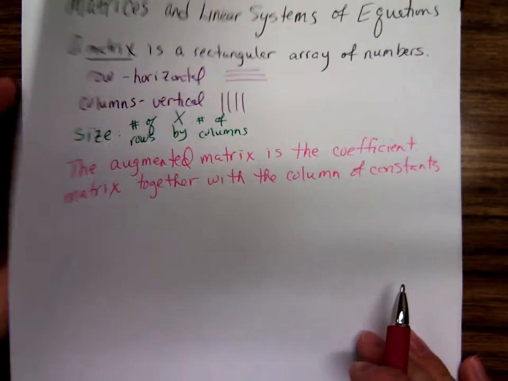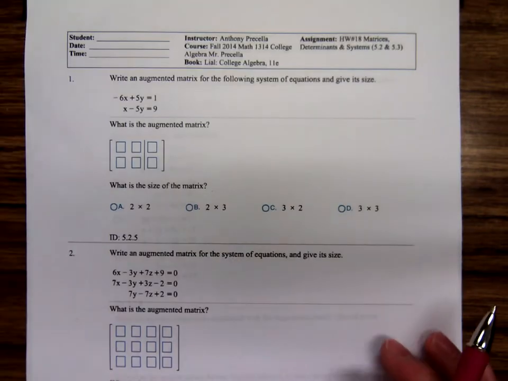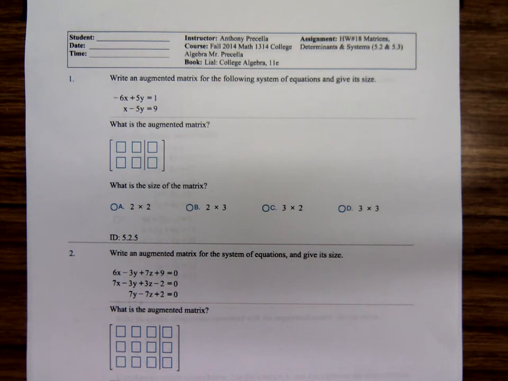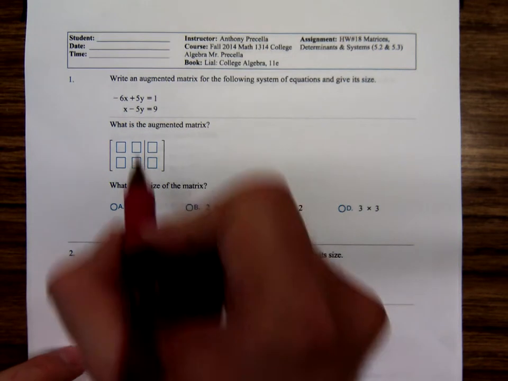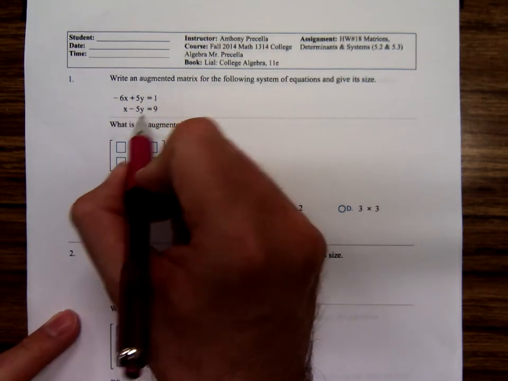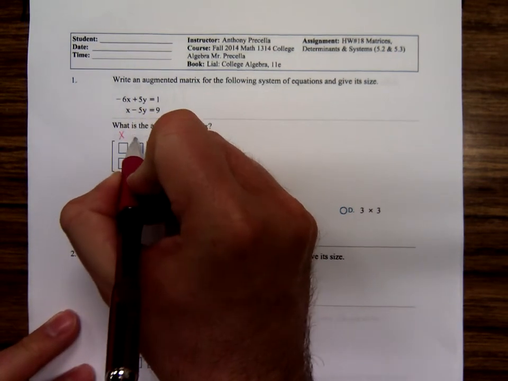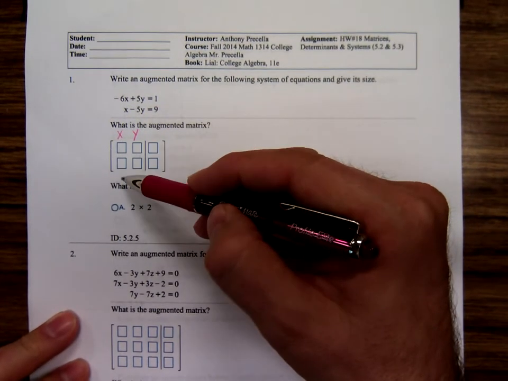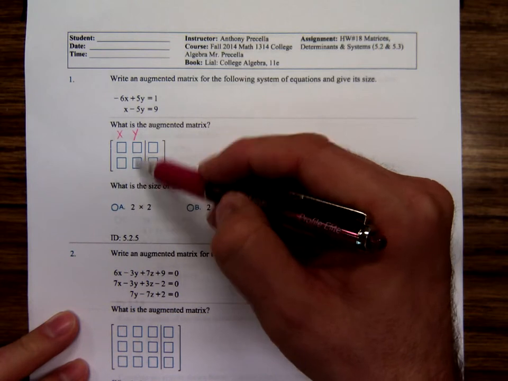Let's see what the homework looks like here. First problem, write the augmented matrix for the following system of equations. Well, you're going to write the coefficients. I like to put column headers, an X column and a Y column.